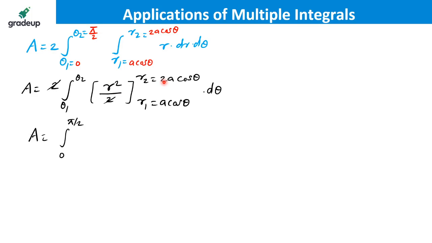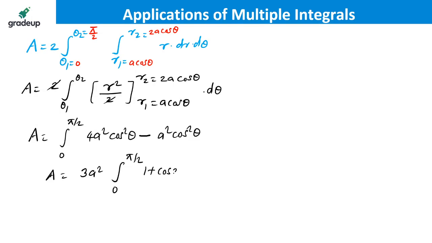In place of r, put 2a cos theta, so r square will be 4a square cos square theta, minus the lower limit a cos theta, so a square cos square theta. So we can take 4a square cos square theta minus a square cos square theta. This will be 3a square cos square theta. Cos square theta cannot be directly integrated, so what you can do here is write it as 1 plus cos 2 theta upon 2.